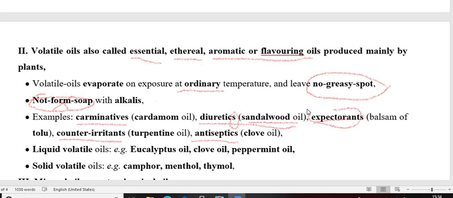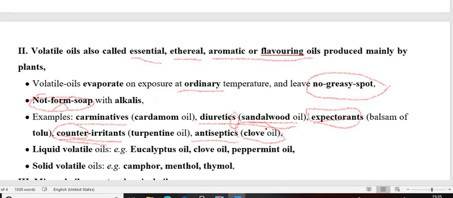Expectorants are agents that remove cough from the respiratory tract. Counter irritant means chemicals that counteract and lessen irritation. Another oil is clove oil, an antiseptic. Clove means long. When you apply clove oil, it acts as an antiseptic, and its analgesic action relieves toothache, tooth pain.